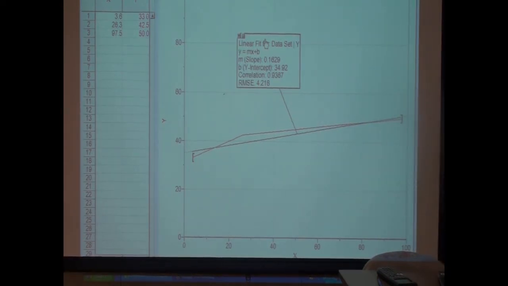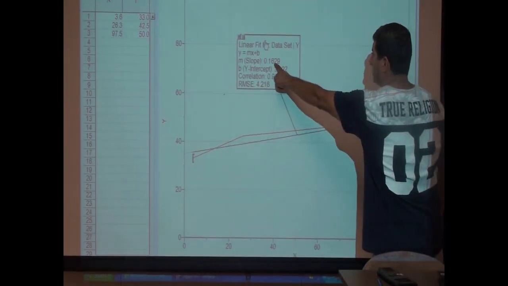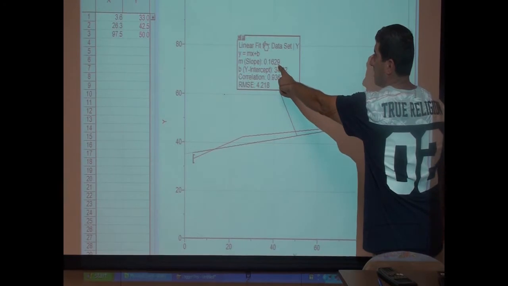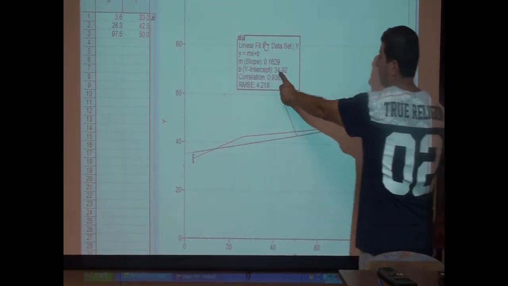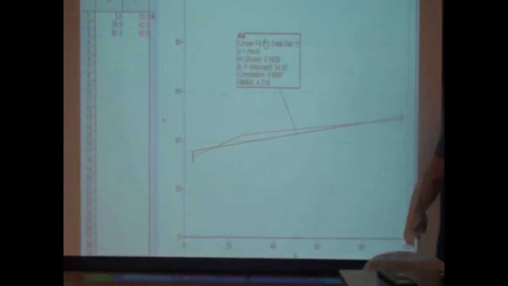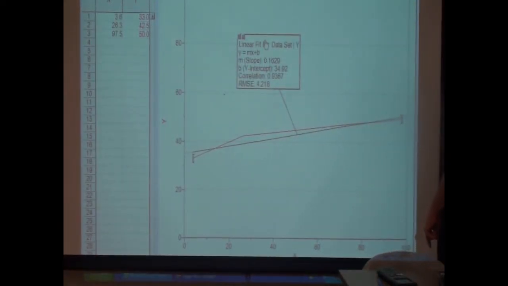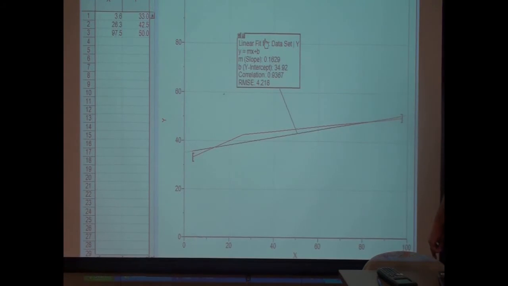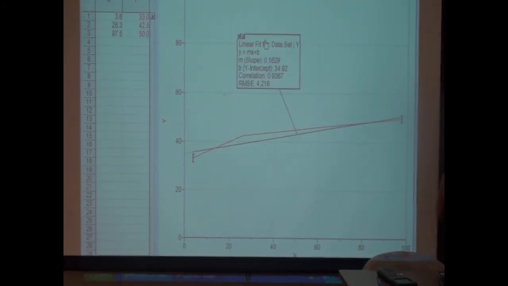V equals 0.1629 T. The slope that it's giving me is the same. Exact same slope, 0.1629. The y-intercept, 34.92. Pretty much the same as the Excel, right? So plus 34.92, the correlation value 0.9367. Okay.